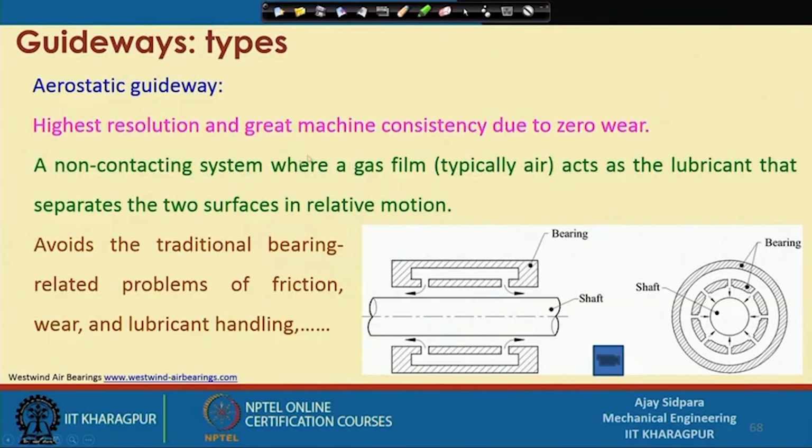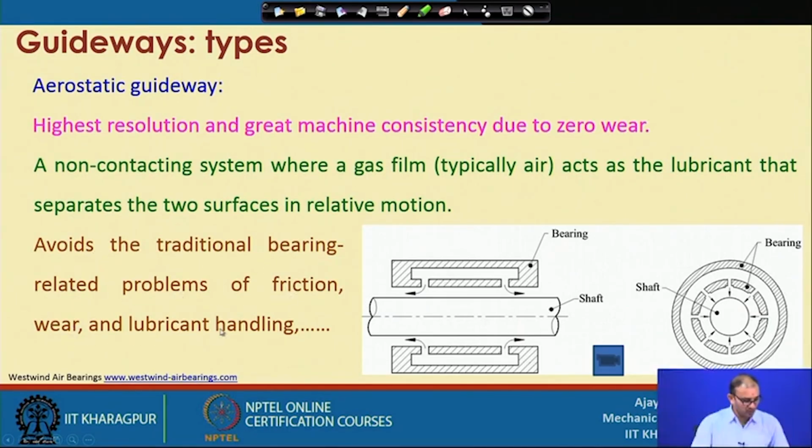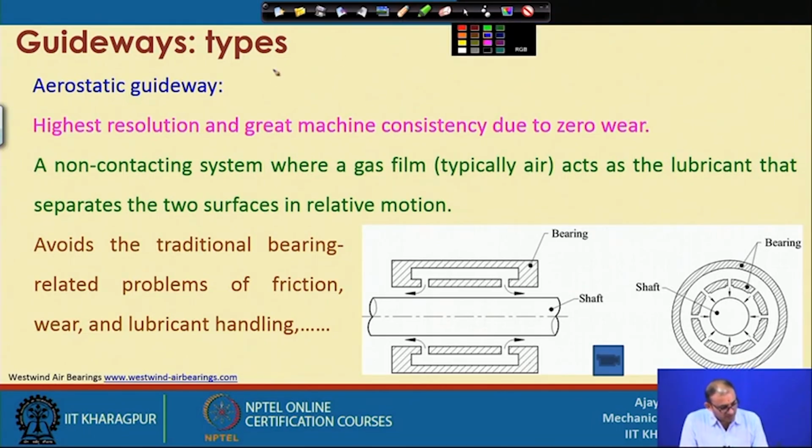This was the last slide we saw in the last class. What is good for the aerostatic is that it avoids the traditional bearing related problems of friction, wear and lubrication handling. If you see the earlier case where we were using hydrostatic, there was one particular thing you might have noticed: it was a closed loop system, correct.